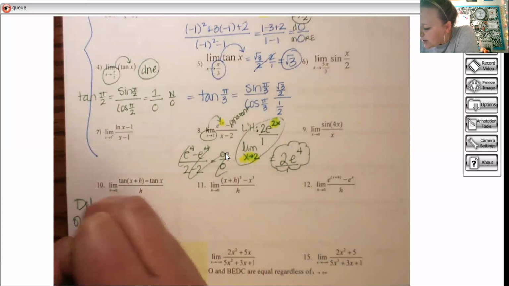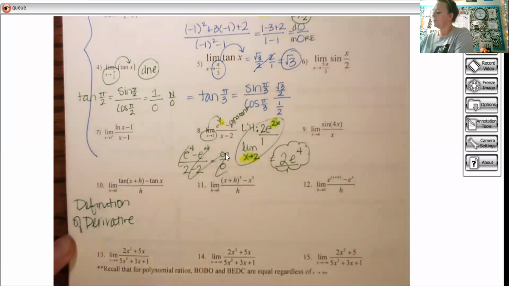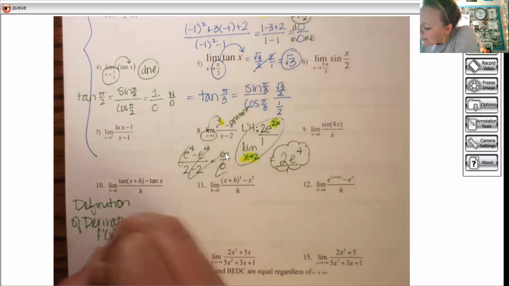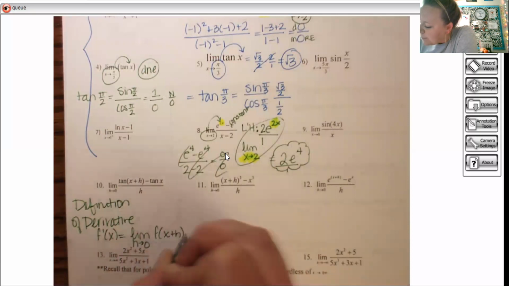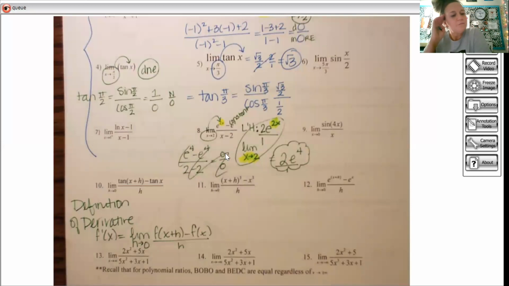The definition of a derivative says that f prime of x is equal to the limit as h approaches 0 of f of x plus h minus f of x over h. And so there was one day in class where I made us work these out, and it took forever. But then literally, I think it was the next day, we learned the derivative rules.